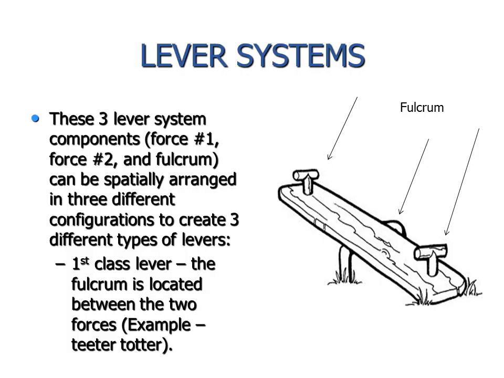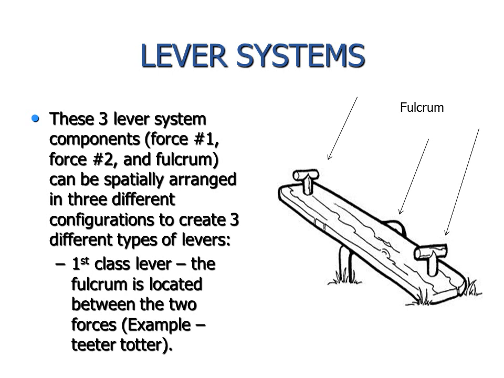Now, when we consider a lever and the three components of a lever, the two forces and the fulcrum, these three lever system components can be spatially arranged in different configurations, and that gives us the three different types of lever systems that we see in the body.